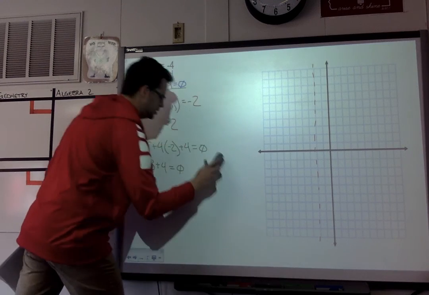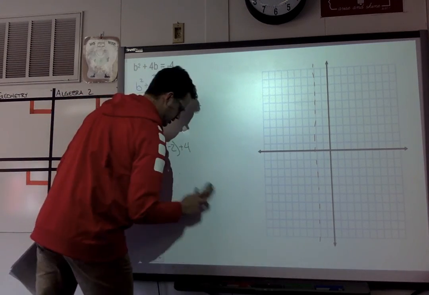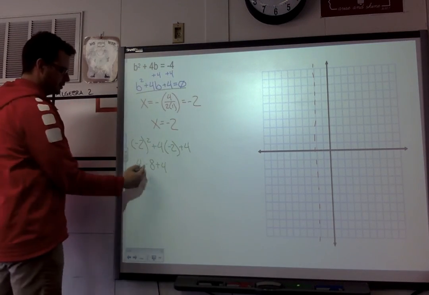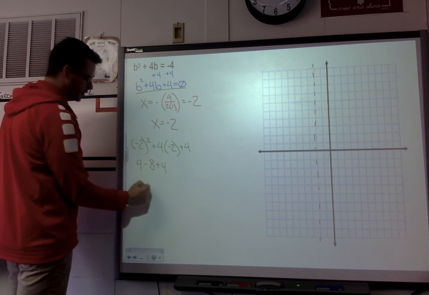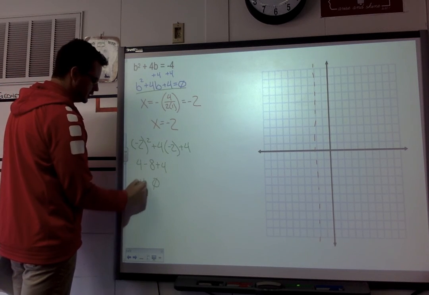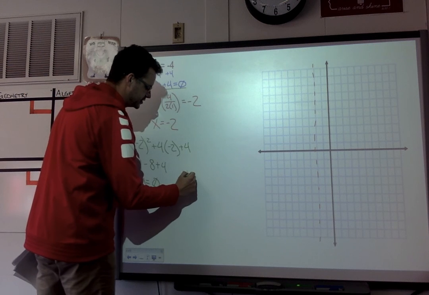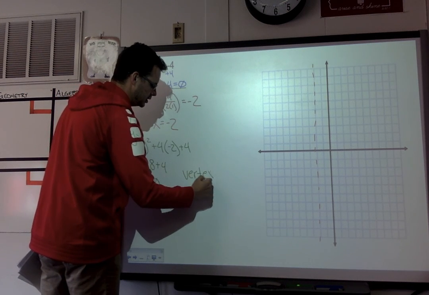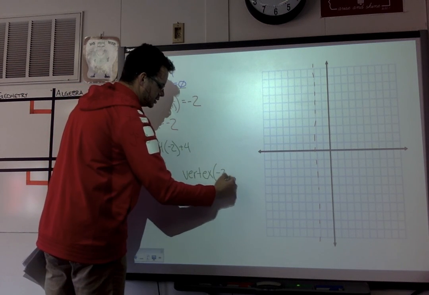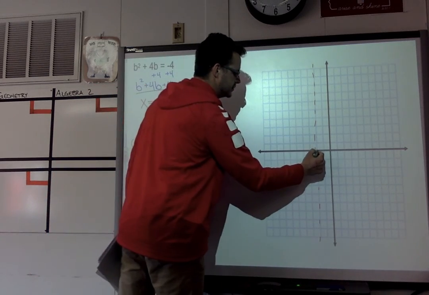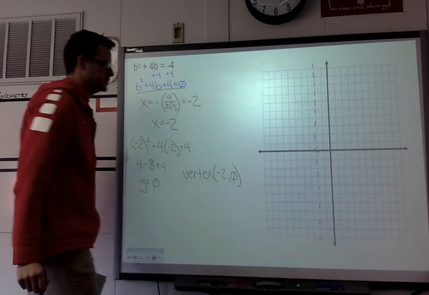Or sorry, I'm not setting it equal to 0 here. 4 minus 8 is -4 plus 4 is 0. So my y value of my vertex would be at 0. So my vertex is right at this point, -2, 0.